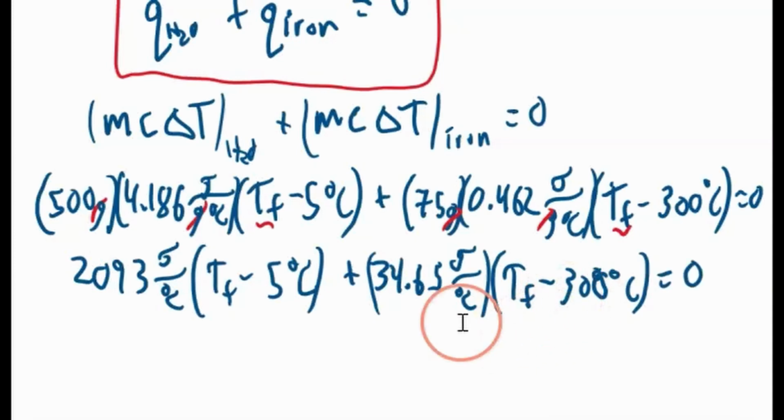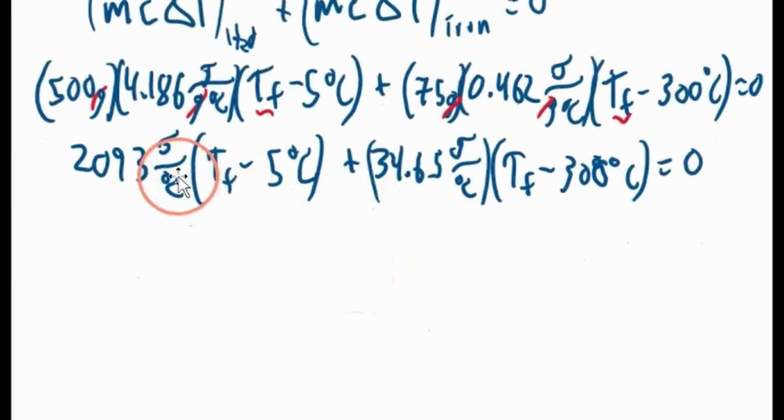So that equals 0. We're going to distribute each of these numbers into the brackets here.